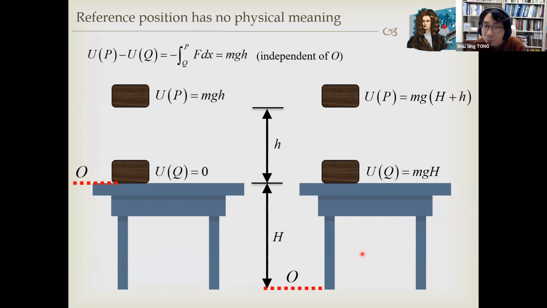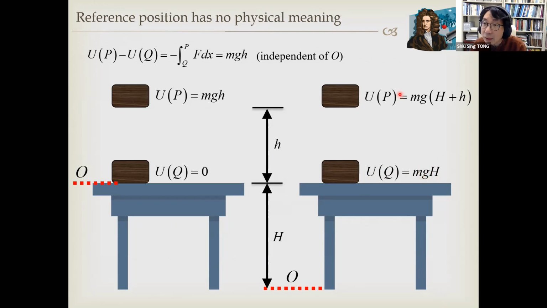But how about if I choose the reference position to be the ground? The table itself has a vertical height of capital H. If that is the case, then on the surface of the table, the object will have a potential energy of mgH, because this is at the vertical height H above the ground.